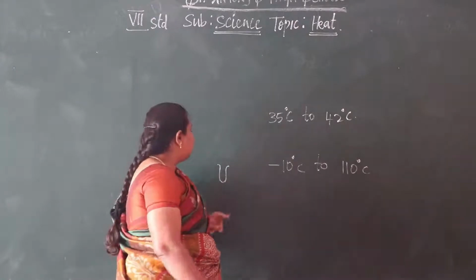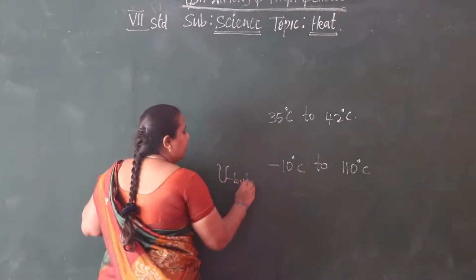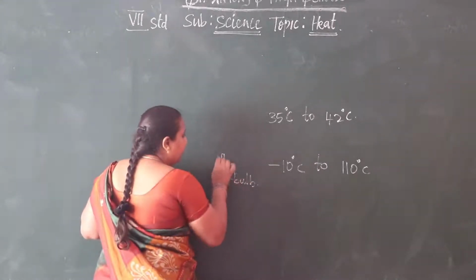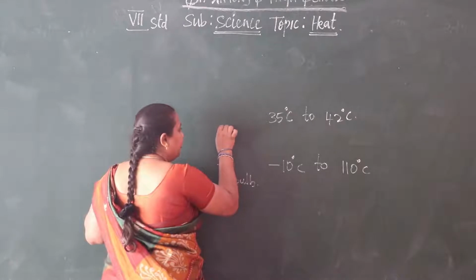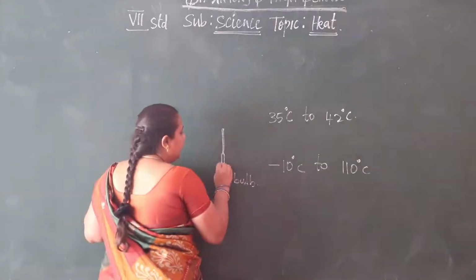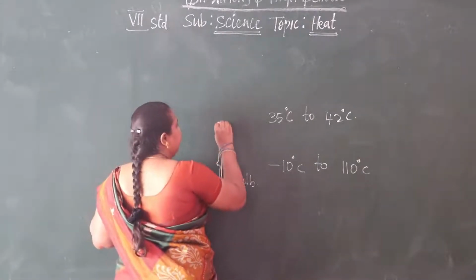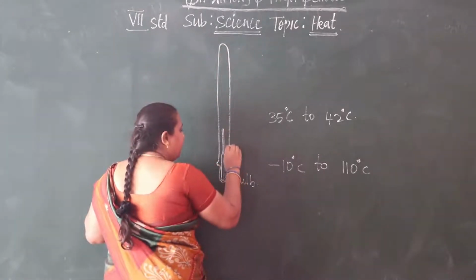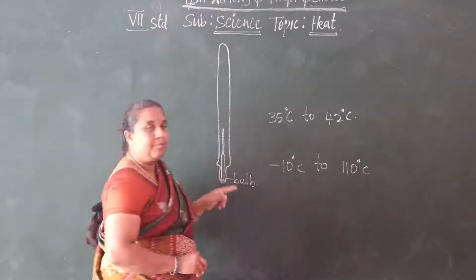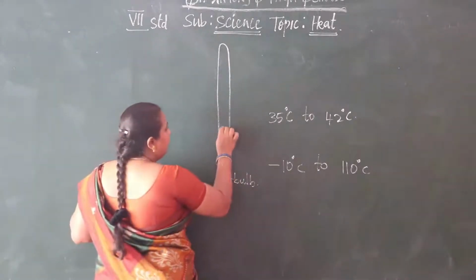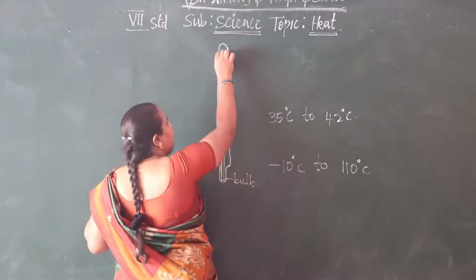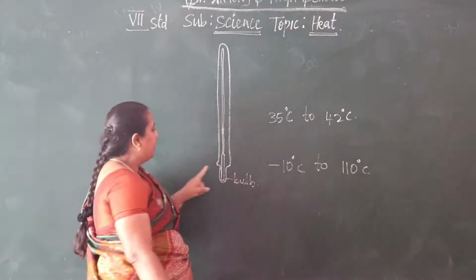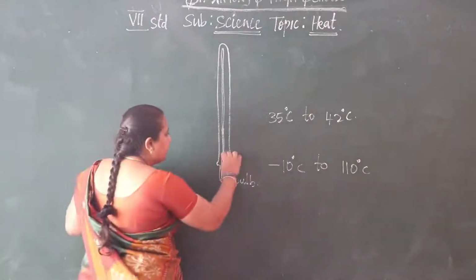Here this is the bulb, and inside this we have a mercury glass tube. Like this we have a laboratory thermometer. Inside it we have a thin glass tube.